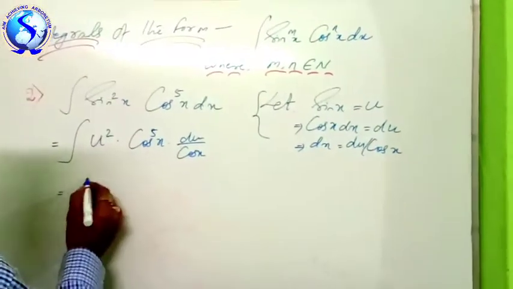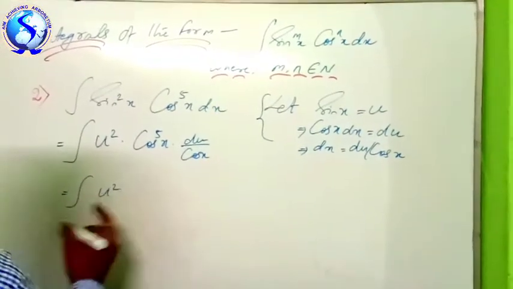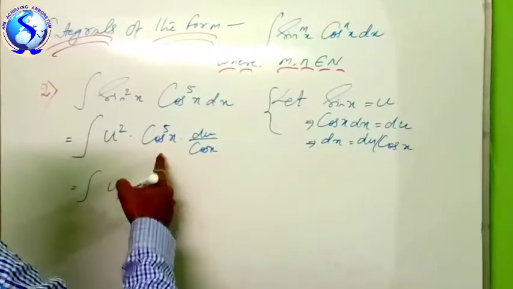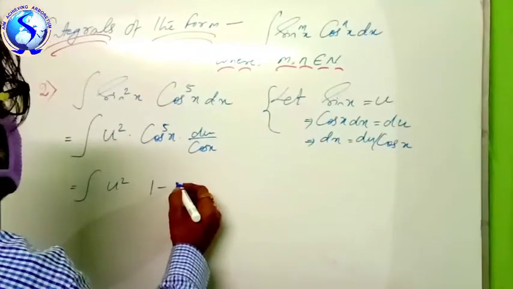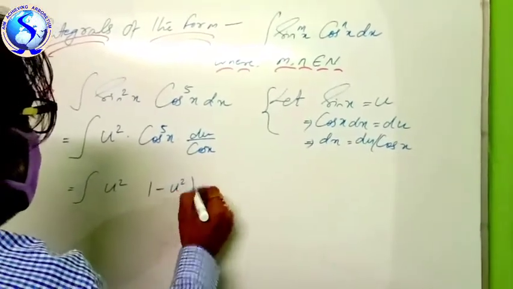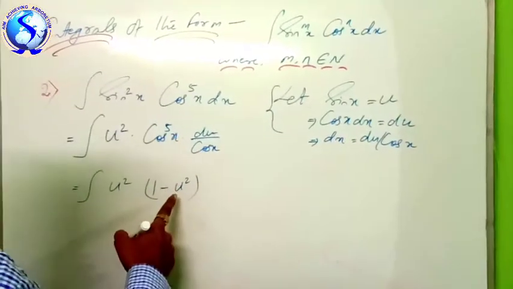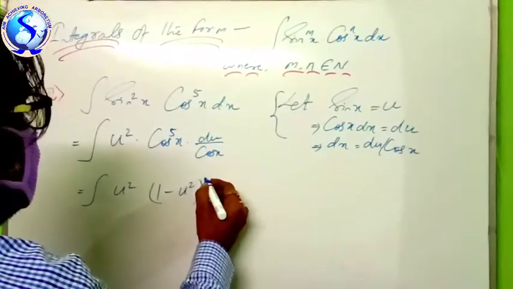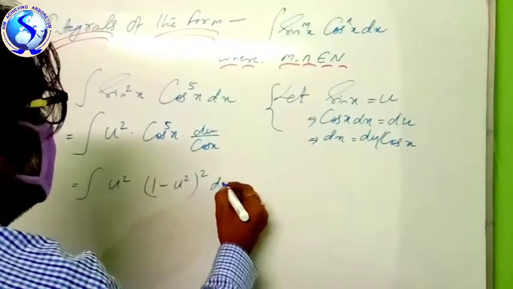After that, you are getting what? This is u square. One cos x will be cancelled. This will be cos to the power 4, meaning 1 minus sin square whole square. 1 minus sin square means 1 minus u square. 1 minus sin square equal to how much? Cos square, whole square. That will be cos to the power 4, and du.